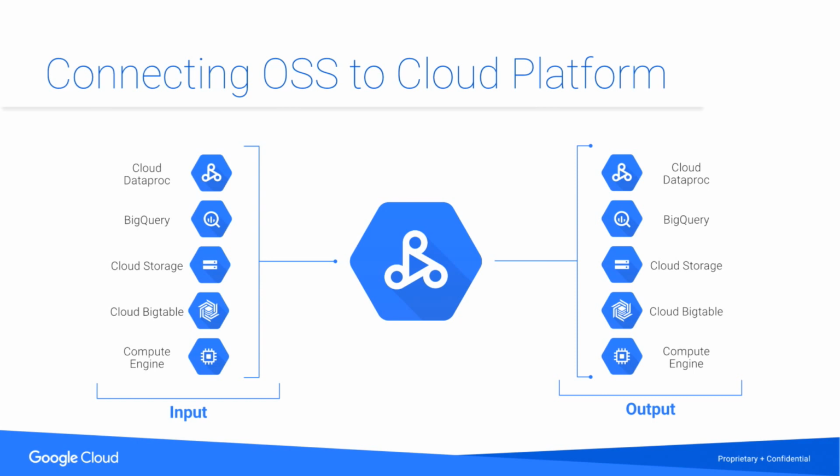For example, if you use persistent disk and HDFS as your storage, you can use Cloud Storage because you get very high throughput, and you can use Cloud Storage as a federated storage system which can be utilized by all different components within the platform. And if you're using HBase, you can use Bigtable.